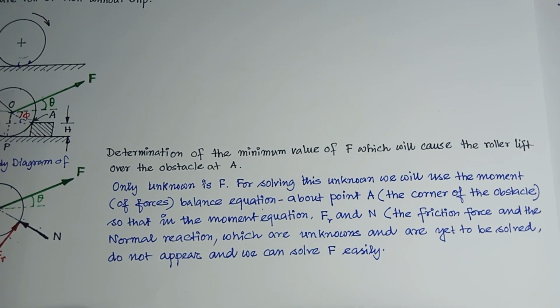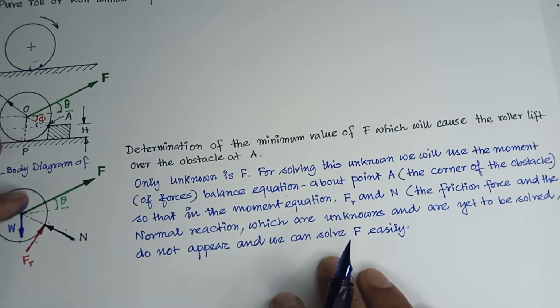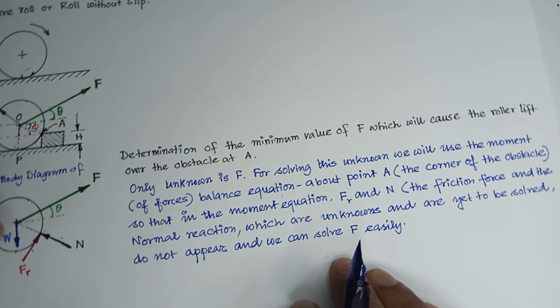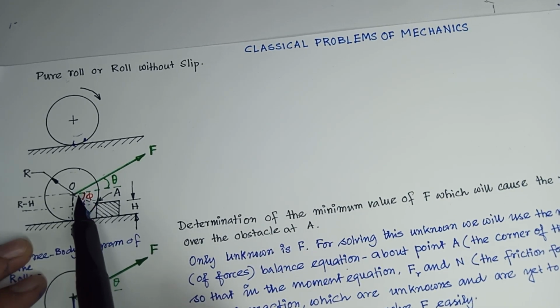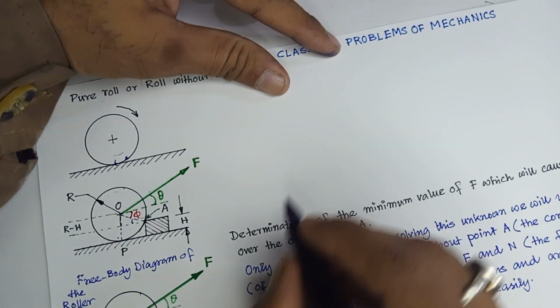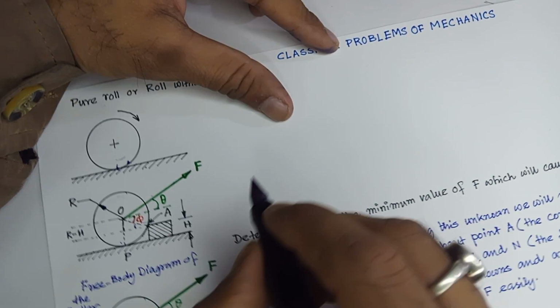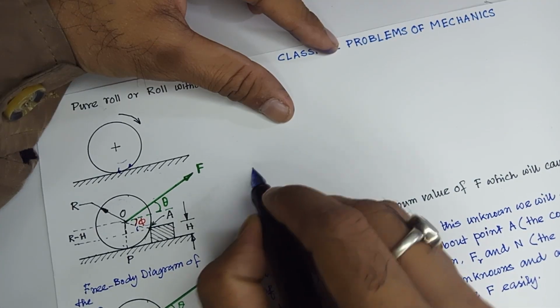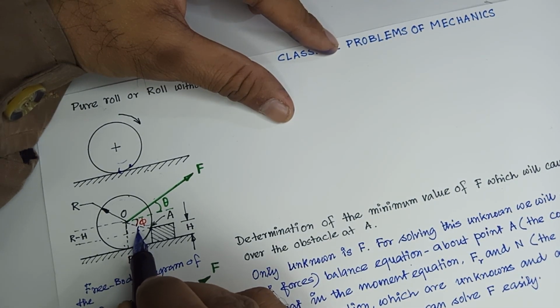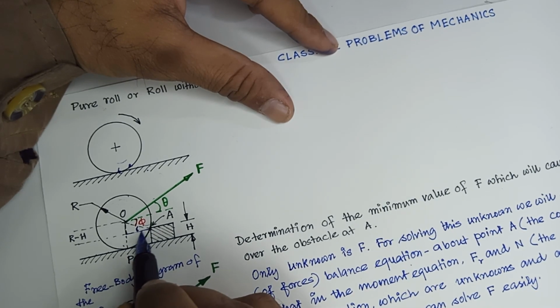Okay. Now let us try to see how to solve it. So you see that this angle, if I consider phi, then this is phi, therefore this is also phi, and this we can determine from Pythagoras theorem.